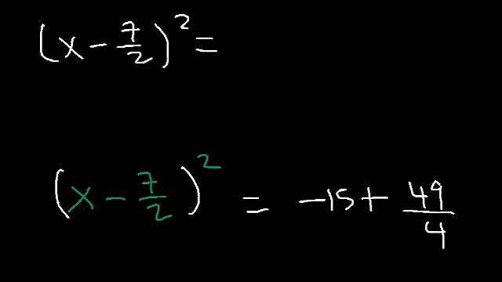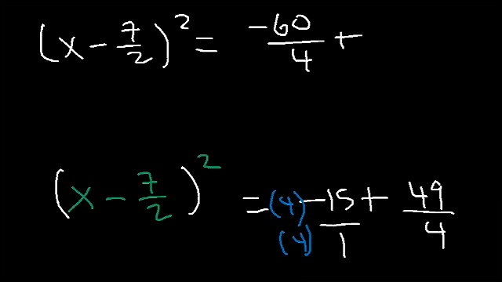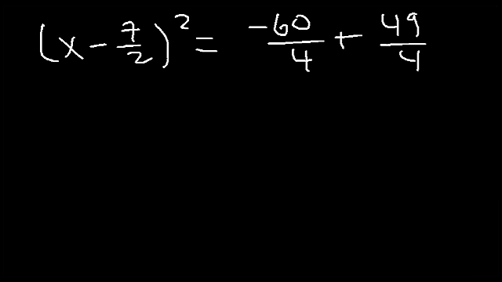So let's get common denominators. Let's multiply negative 15 by 4 over 4. Negative 15 times 4 is negative 60. So we have negative 60 plus 49. Negative 60 plus 49 is the same as 49 minus 60, which is going to be negative 11 over 4.